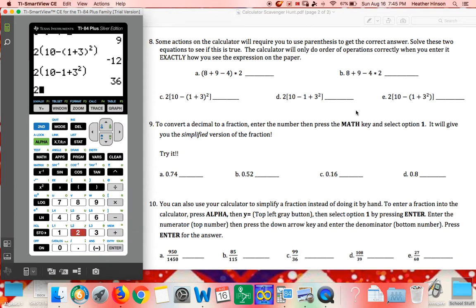So again, 2, get your bracket, which is just a parenthesis, and then 10, again minus because it's in the middle, open your parenthesis, 1 plus 3, but again, this time our squared is inside. So if we put the parenthesis in the wrong spot, let's see what it does.